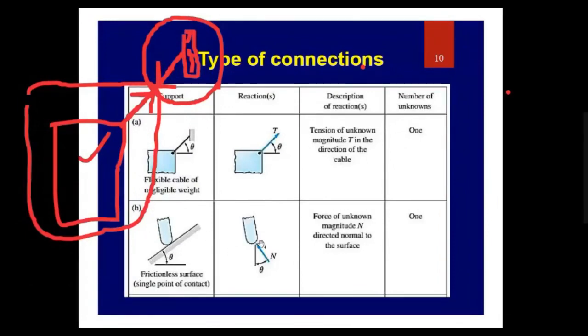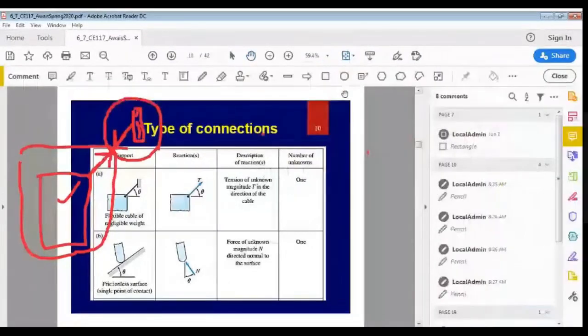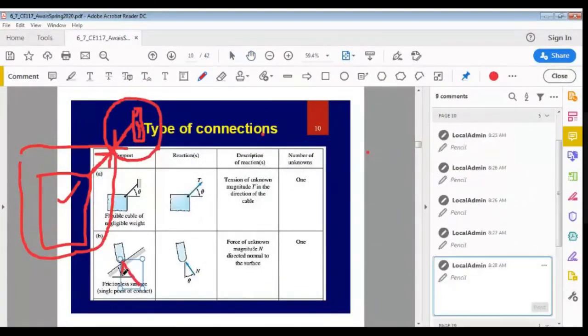So first of all, I'll draw the body, and then when I remove this surface, I have to show the corresponding reaction force exerted by this surface on that body. The reaction force will always be perpendicular to this surface. So if you remove this surface, you have to apply a reaction force which will be perpendicular to this surface. So this is the force, and this force is perpendicular to this surface.